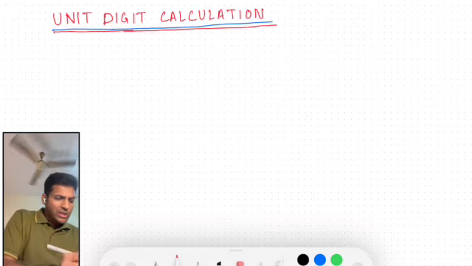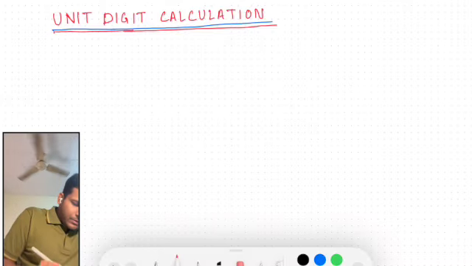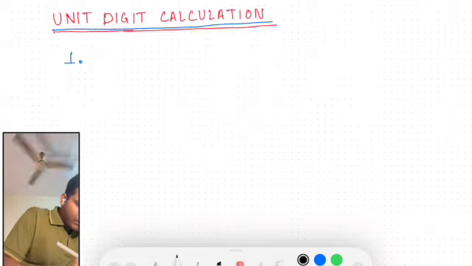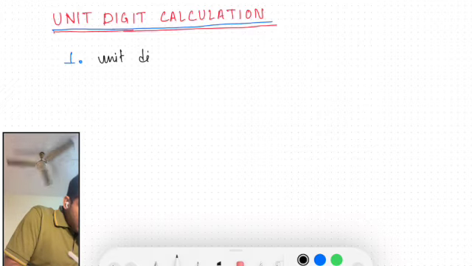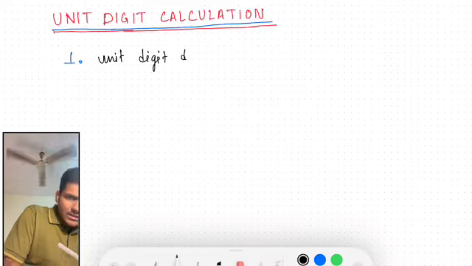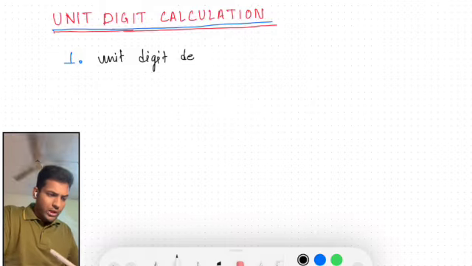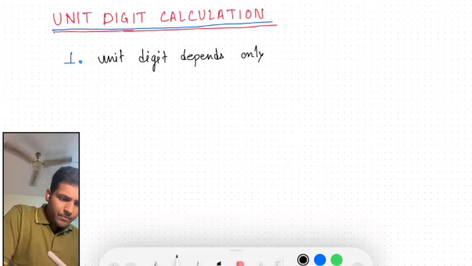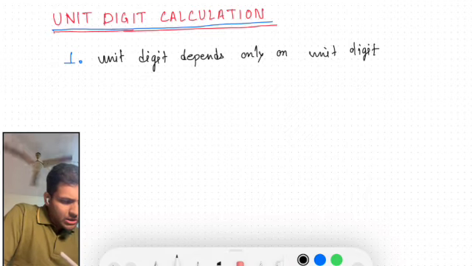The first rule you need to know in this unit digit calculation is that the unit digit depends only on the unit digits.